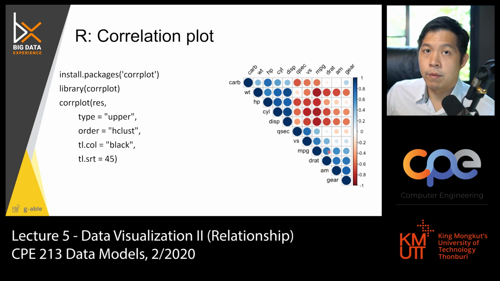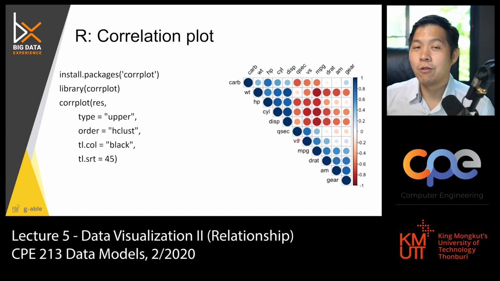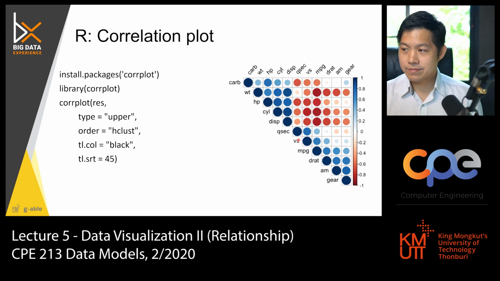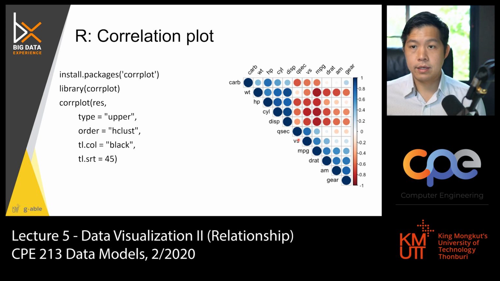Whether your car is automatic or manual gear, and here, VS, I don't remember. You can type help mtcars to look at that, right? So this is the way that you can display the correlation plot in R.